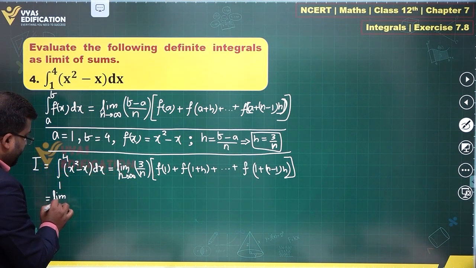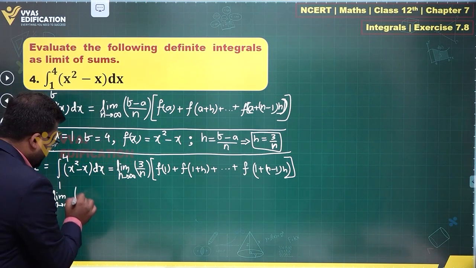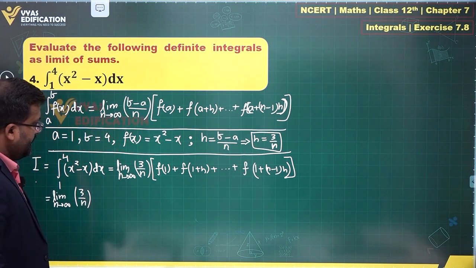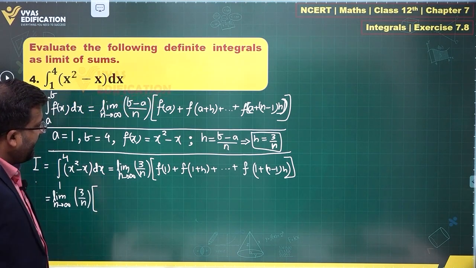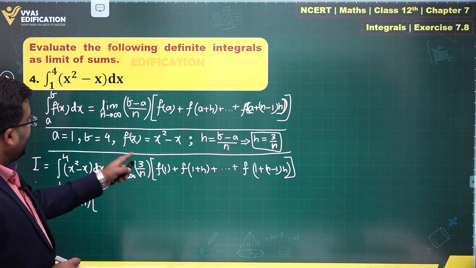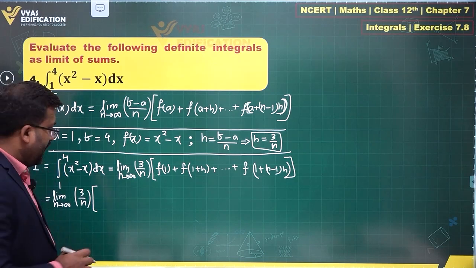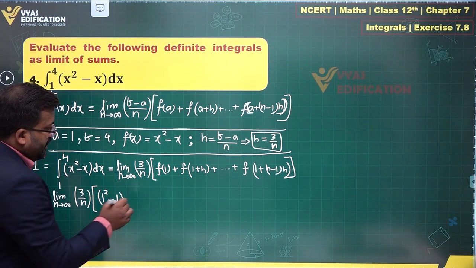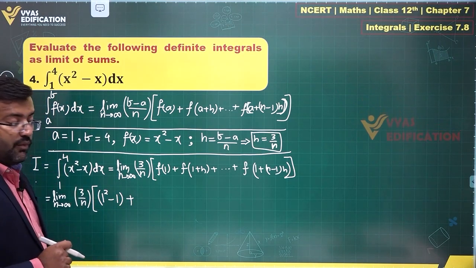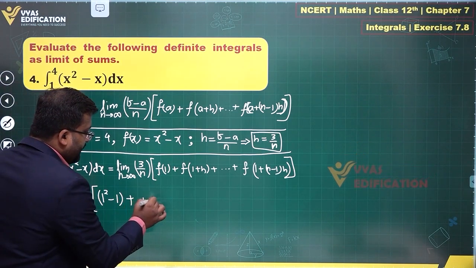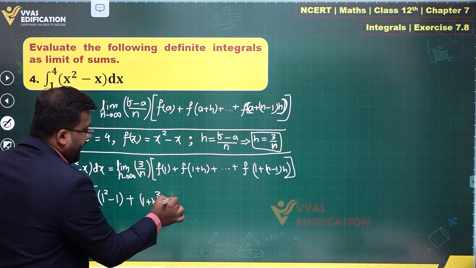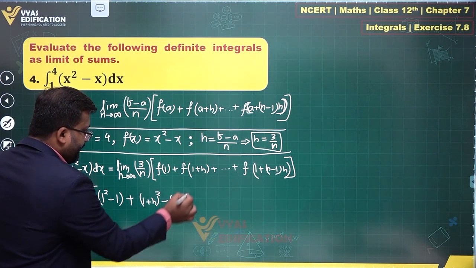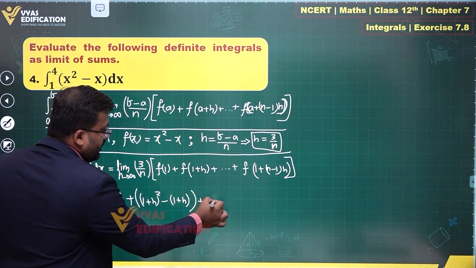Limit n tends to infinity, 3 by n, and what is this? f(1). So f(x) is x square minus x, so f(1) will be 1 square minus 1, right? Plus, what do we have? f(1 plus h) will be (1 plus h) square minus (1 plus h) over here. Yes, this is the next term. Plus dot dot dot.